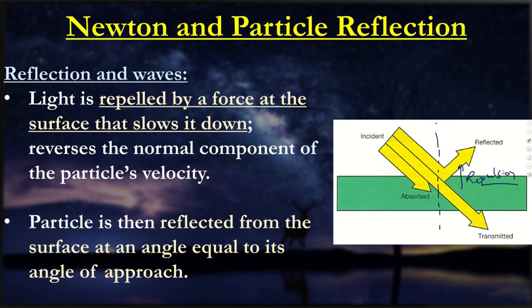So on the surface, there's a repulsive force which will slow the light down. As light comes down here, its velocity gets smaller and smaller until the force reverses the direction, and it will get faster and faster back out that way.